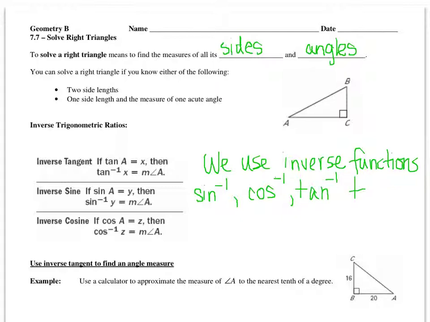We use those to find missing angles. If you look back at all the problems that we did to use sine, cosine, and tangent, we knew what the angle measure was. Now we're going to use these to find our angle measures.